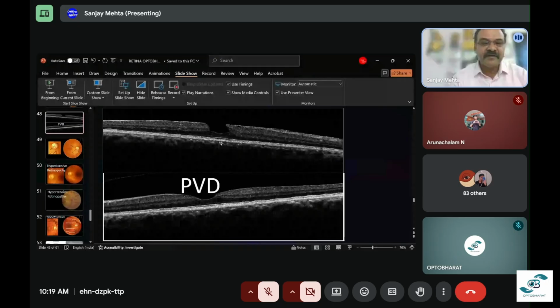Absolutely, vision will get affected. Here everything is maintained, vision is normal, but this part of it is gone due to some reason. Generally, it is a benign condition, but it always has to be watched throughout.